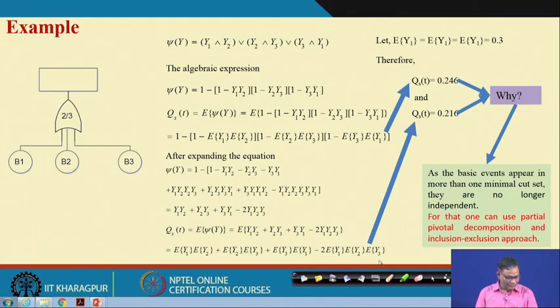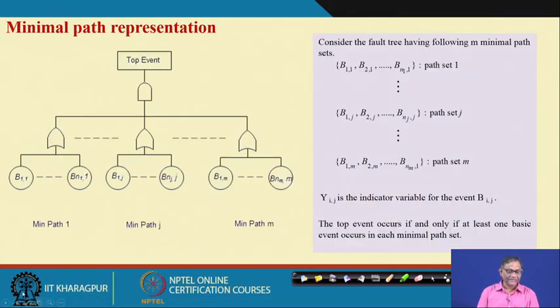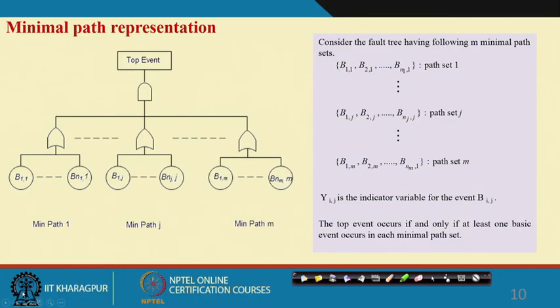Now, I will go to the second part of today's presentation, the minimal path representation. You have seen that the cut set talks about failure and the path set talks about success. But we are interested in the failure part.